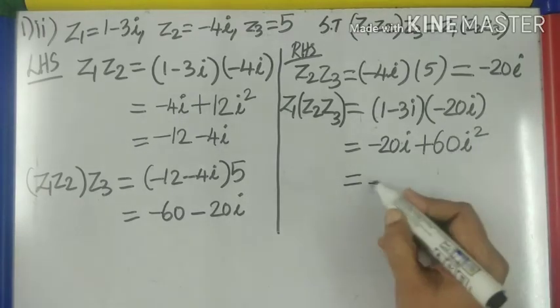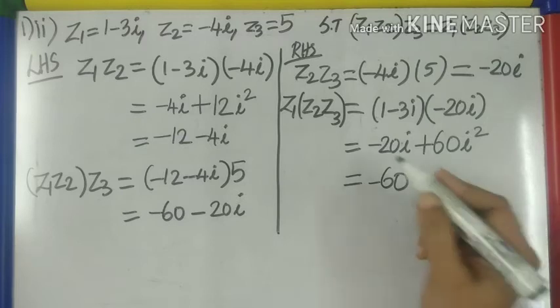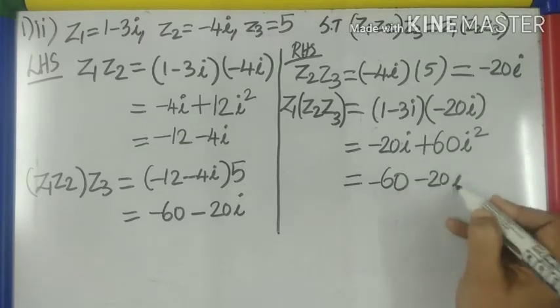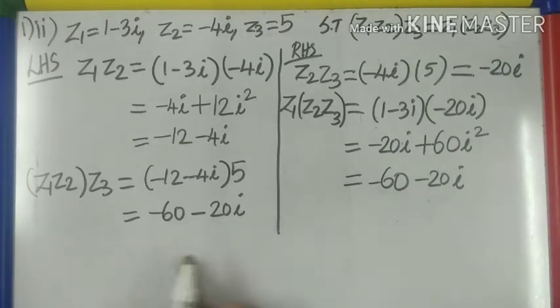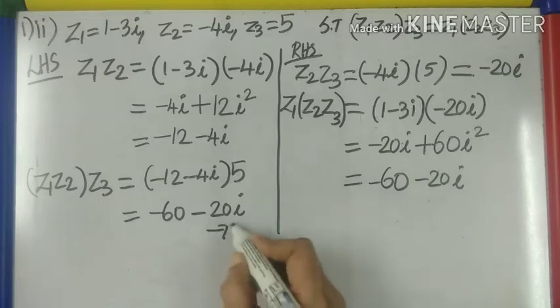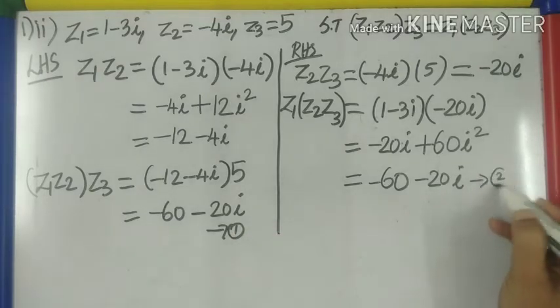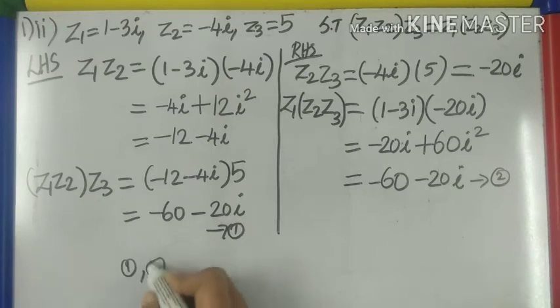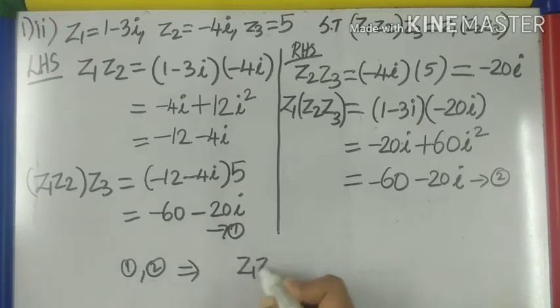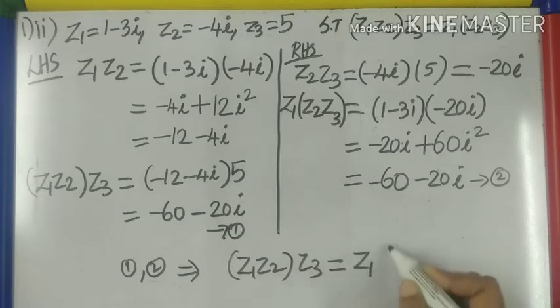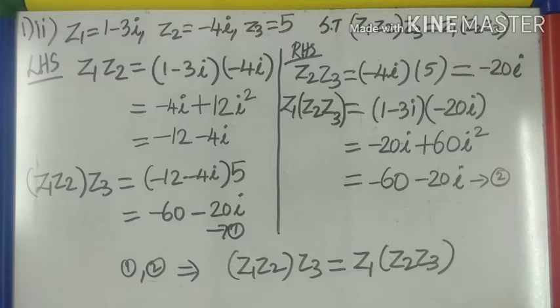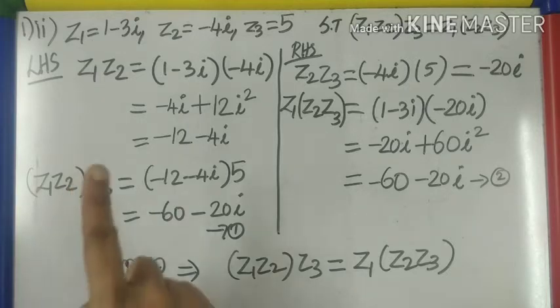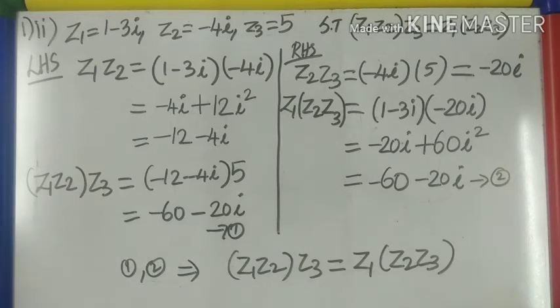Minus 1 into 60, minus 60, minus 20i. Just check both are equal. Call this number 1 and this number 2. 1, 2 implies (Z1 Z2) into Z3 equals Z1 into (Z2 Z3). And that is the associative law shown in complex multiplication.